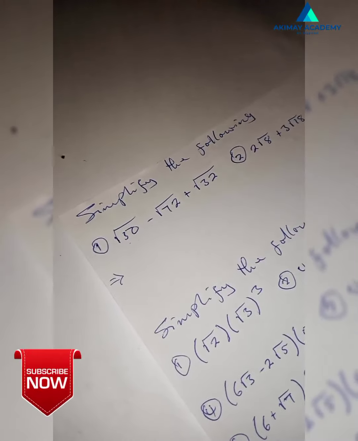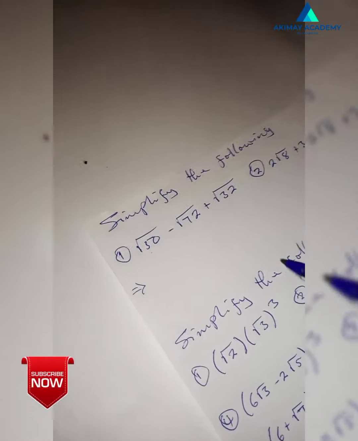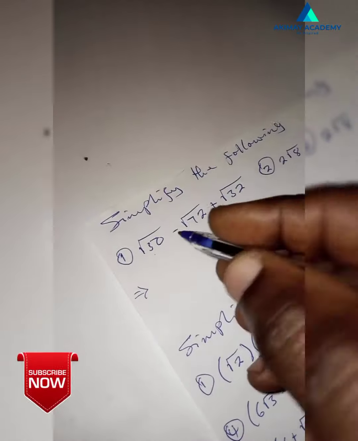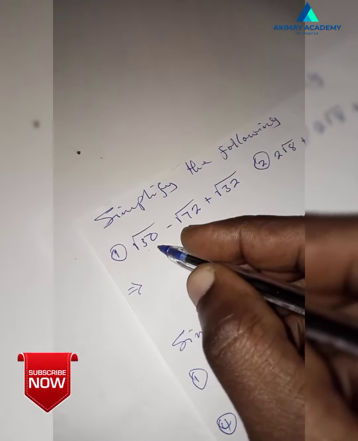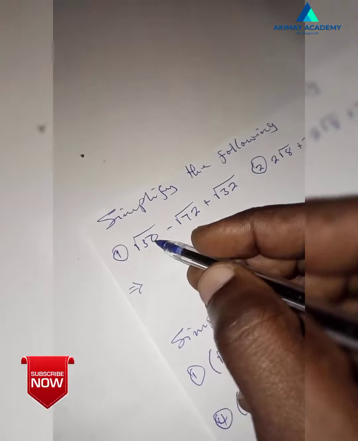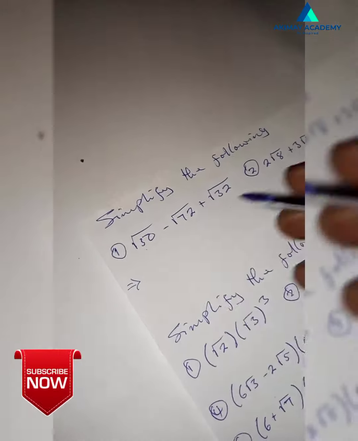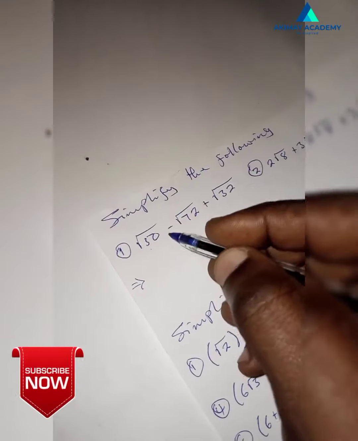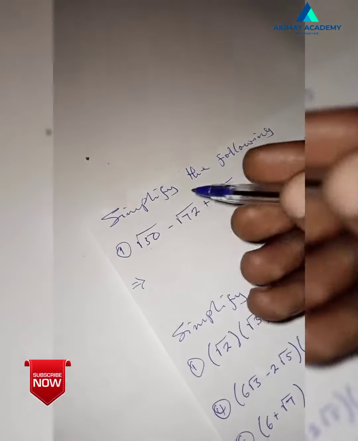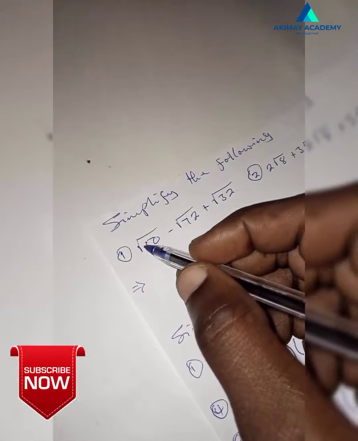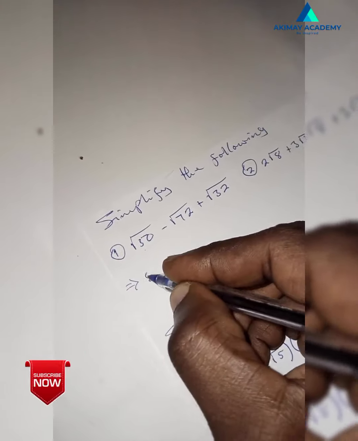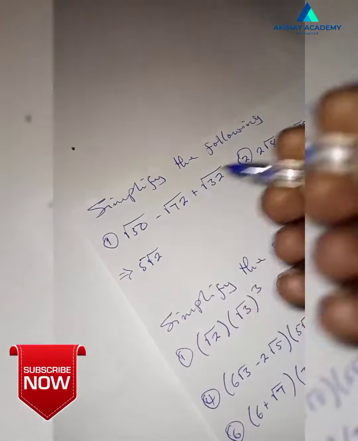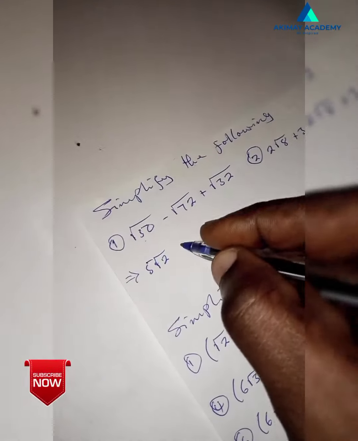With this one, we can find a common non-perfect square, which will be 2. So 25 times 2 gives us 50, and the square root of 25 gives us 5. Root 2 remains in the radical sign.